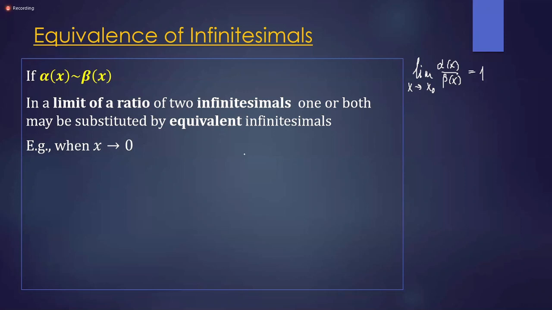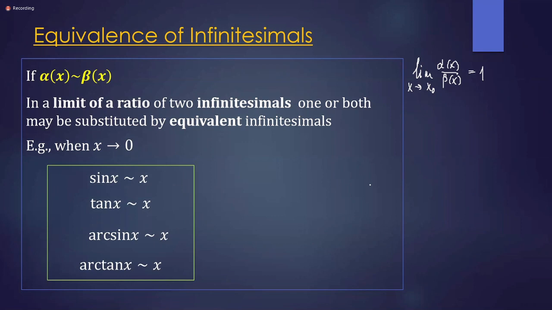Those were sine x, tangent x, arc sine x, arc tangent x, all equivalent to x, because we already know that the limits of these ratios were equal to 1. And then there were some more. Exponential e to the power x minus 1 is equivalent to x. Natural logarithm of 1 plus x is equivalent to x when x tends to 0.